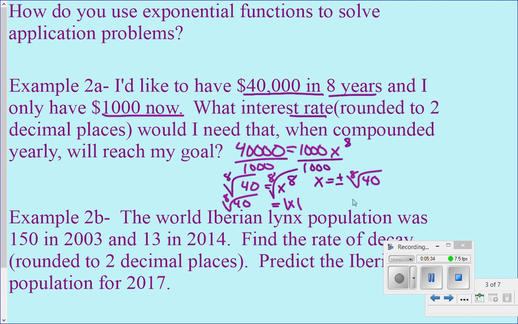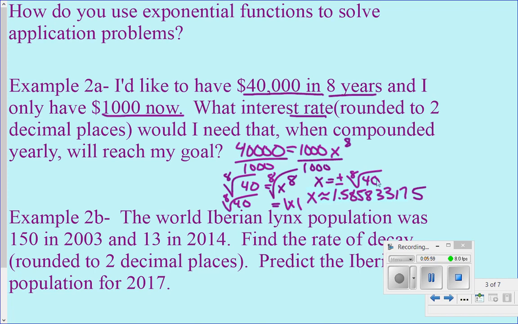So I'm going to type the eighth root of 40 in my calculator to get the decimal. So when I do that, I'm getting 1.5858, and I'm writing out all these decimal places for right now because I'm not ready to round yet. So that's approximately x.